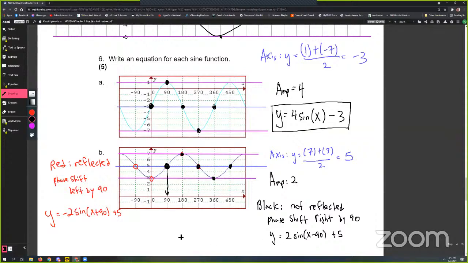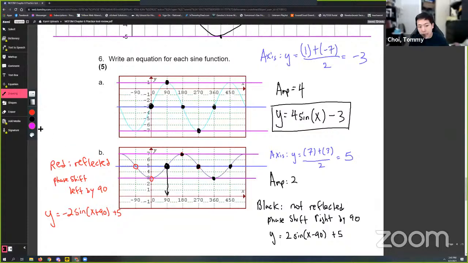Mr. Choi, I have a question. Why can't you start at, like, is that 3? Yeah, 3. The point 3. So because we're working with sine, that is a good question. Because we're working with sine, the sine x graph actually starts at the equation of the axis.